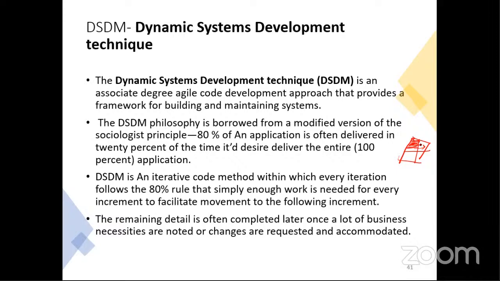Till the time my other module is in progress, the remaining 20% part can be completed. So this is basically the main motto behind the dynamic system development model. The remaining details are often completed later, once business necessities are noted and requested changes are accommodated in the system.